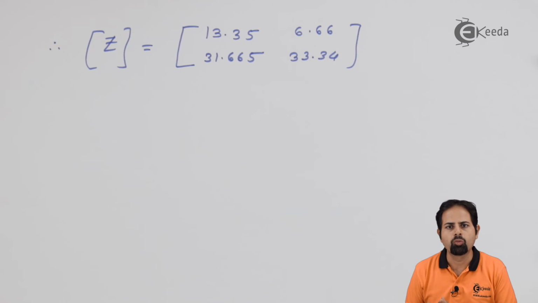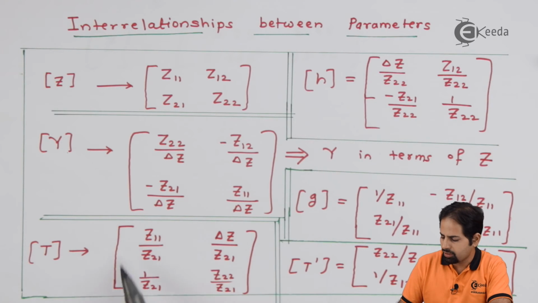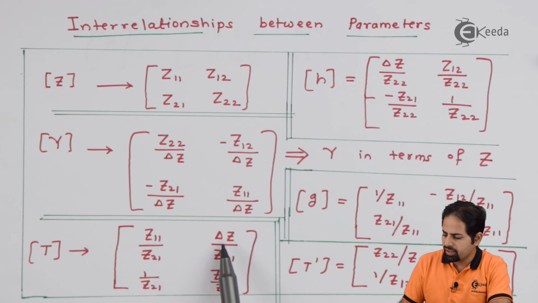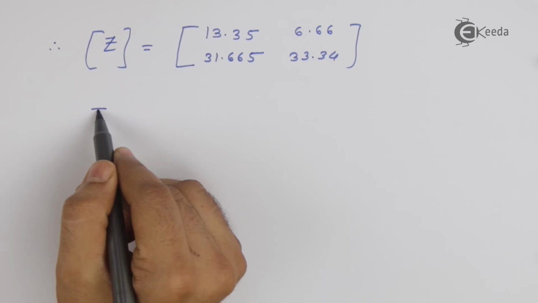So for that, we will use conversion. From this formula sheet, you can see that if I want to get transmission parameters from Z parameters, we need delta Z, then remaining parameters Z11, Z21, all we have. So just by calculating delta Z and substituting the values here, we will get transmission matrix.